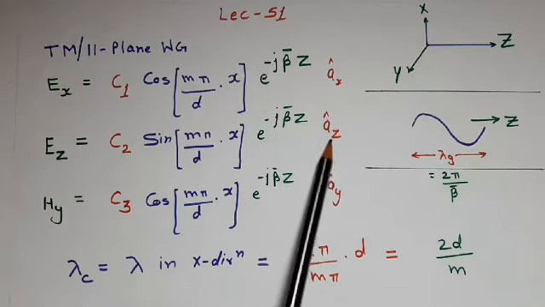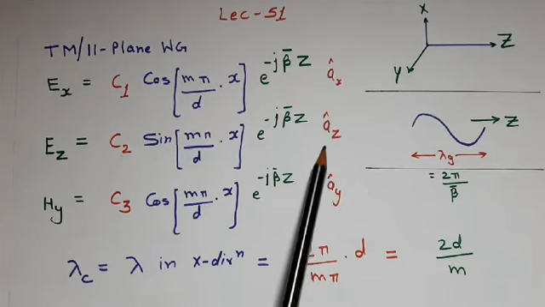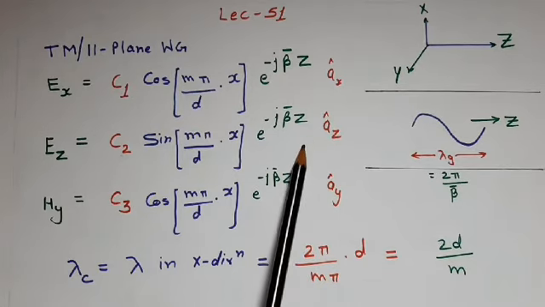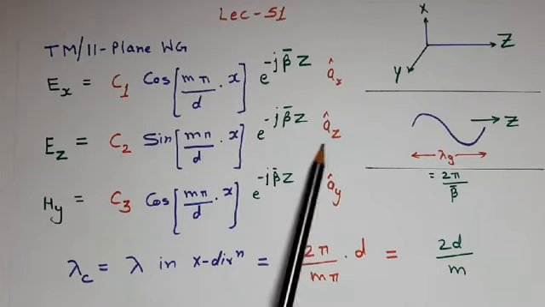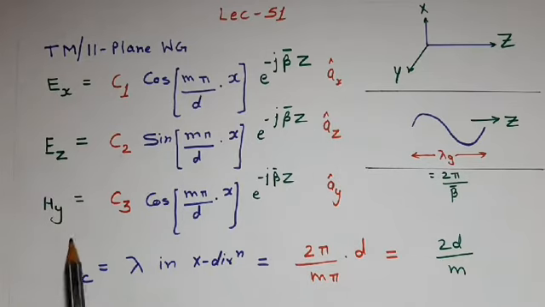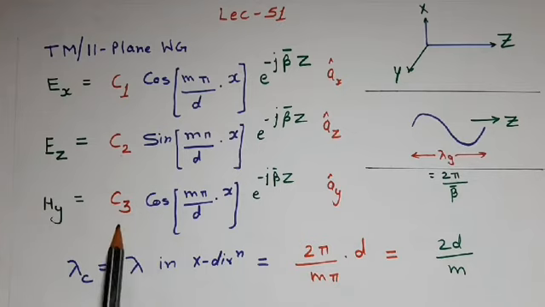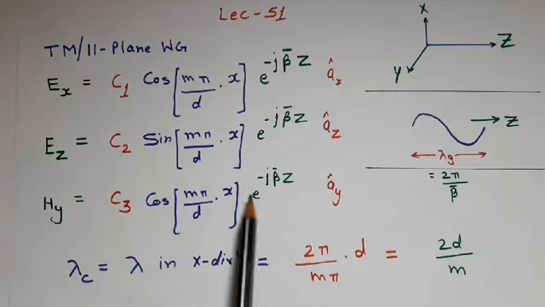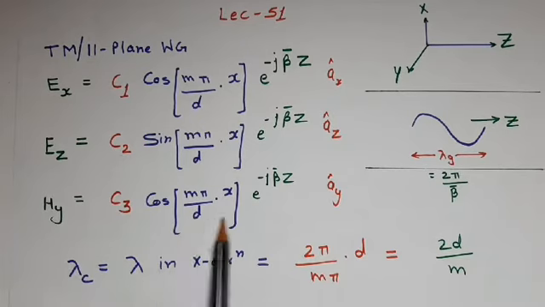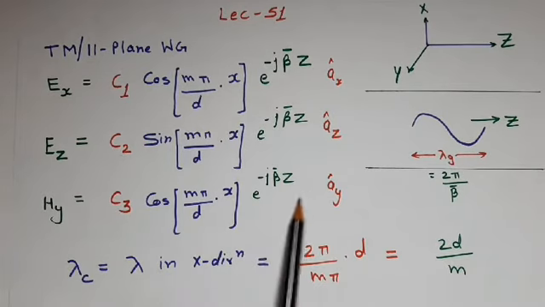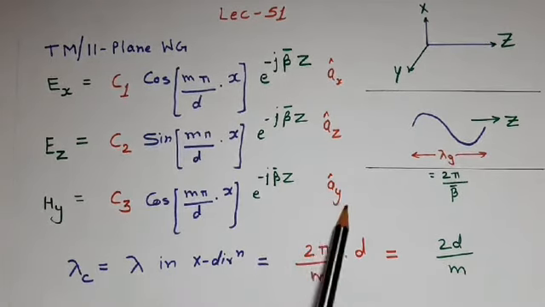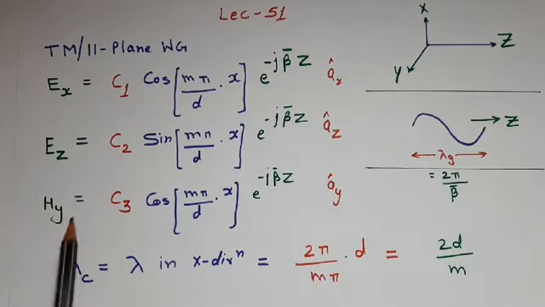And now because we are considering this field at t is equal to 0, we can omit this time varying term, and finally az cap. Similarly we can write expression for Hy. Here we have Hi, which is again a constant term, and we represent it with C3. Then cos of hx, h is replaced by m pi upon d, so it becomes cos of m pi upon d into x into e power minus j beta bar z into ay cap. Ay cap shows the direction of Hy.